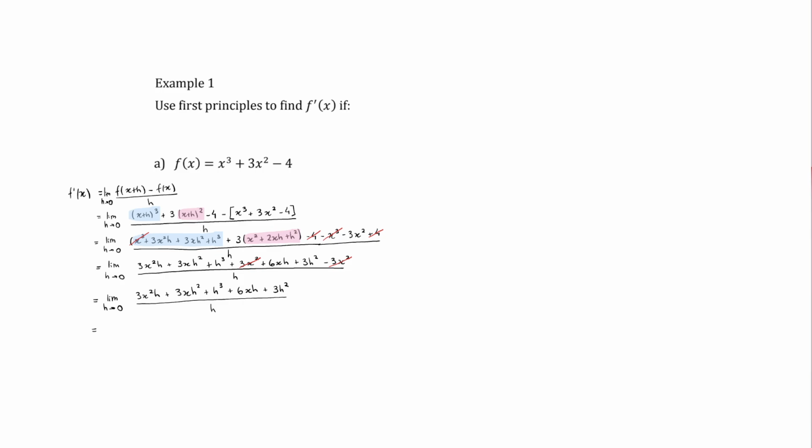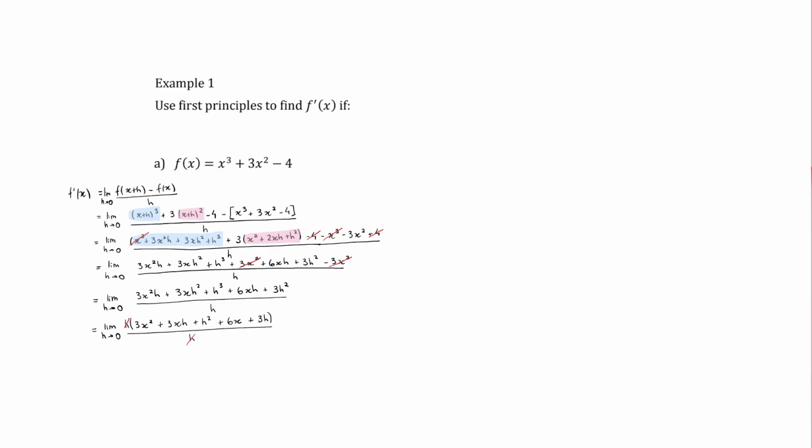Limit as h approaches 0 of 3x squared. So I'm factoring out that h, right? So I'm going to have 3x squared plus 3xh plus h squared plus 6x plus 3h all over h.